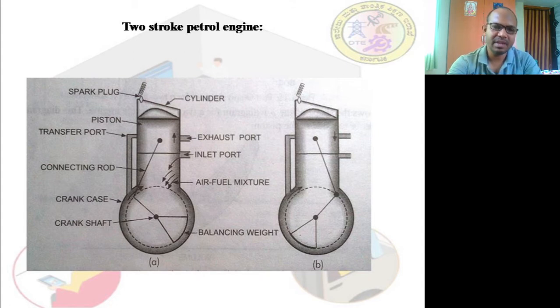Now if you look carefully, through the inlet port, please observe the arrow marks which have been given. Through the inlet port, the fresh petrol and air mixture enters, and I am talking only about the petrol engine.